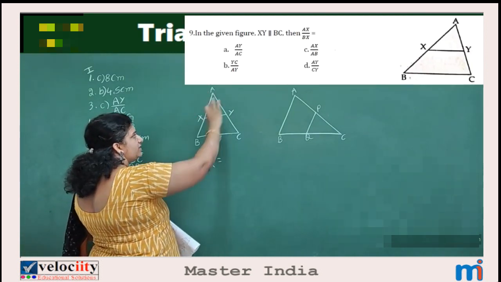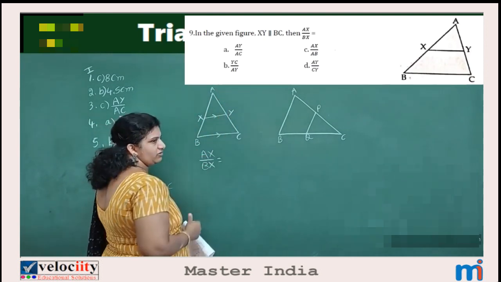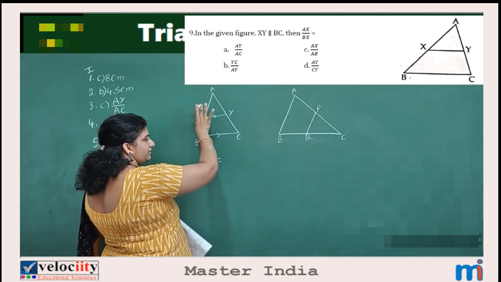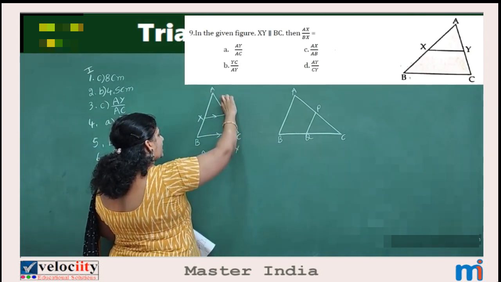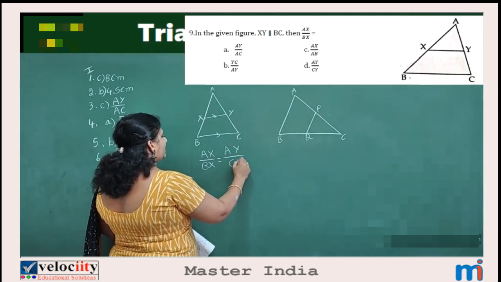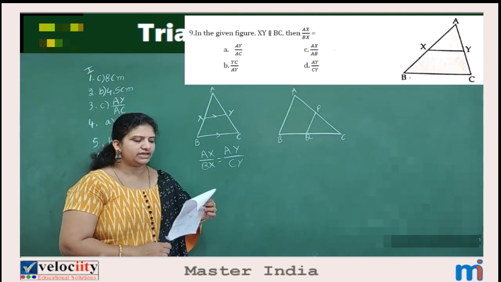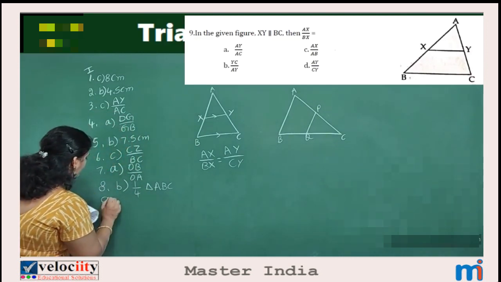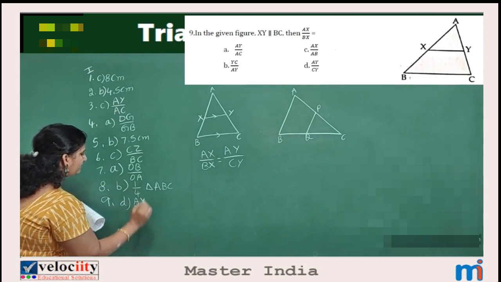AX by BX, I can write AY by YC. So here also I will write AY by CY. Check for this option. Do you have this option? Yes. AY by CY. Option D.